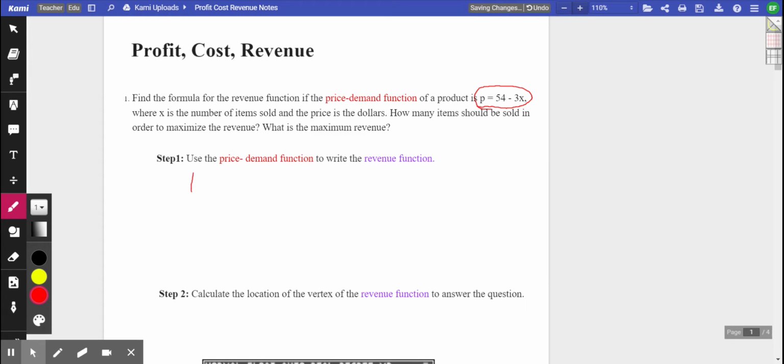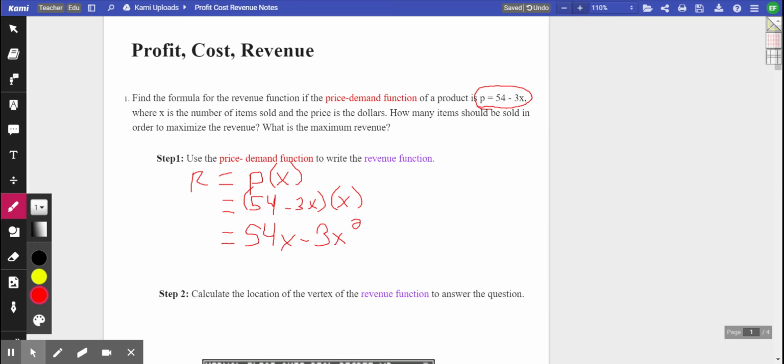If we are trying to figure out revenue, I'm going to use R as my revenue function. That means I take my price demand and I'm going to have to multiply it by X, because X is the number of items sold. So for us here, our price demand function is 54 minus 3x. If I multiply that expression by x, I get 54x minus 3x squared. So that right there is my revenue function.